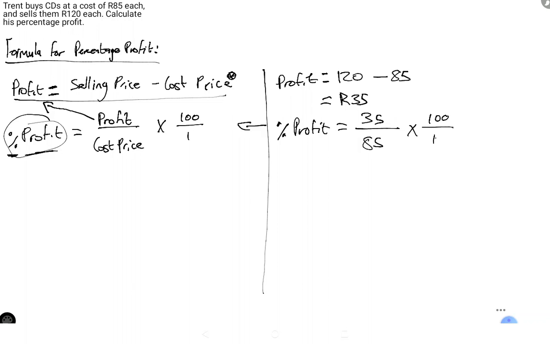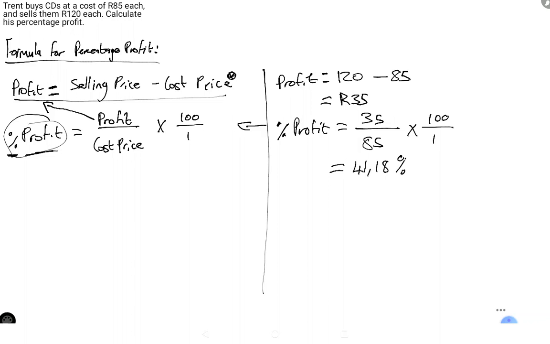So let's do that on our calculator. 35 divided by 85, multiply that by 100, and it gives us 41.18%. Do it on your calculator, you'll see it gives you 41.176.